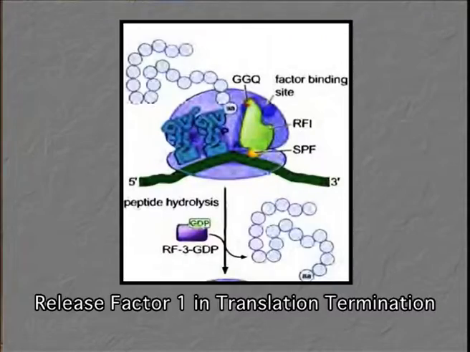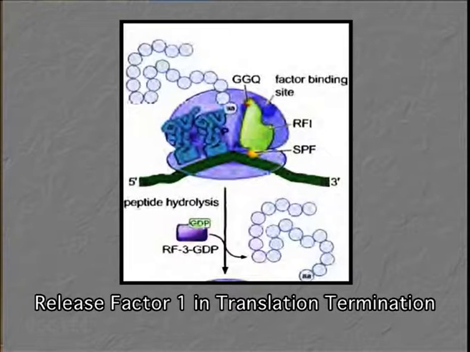This release factor 1, once it gets access onto the A site, leads to the removal of the peptide, or chopping off the peptide, which is bound onto the tRNA.